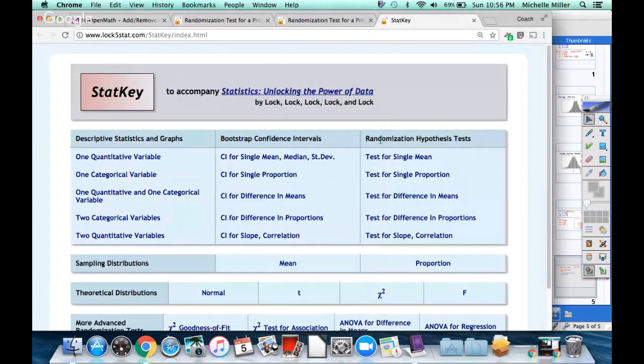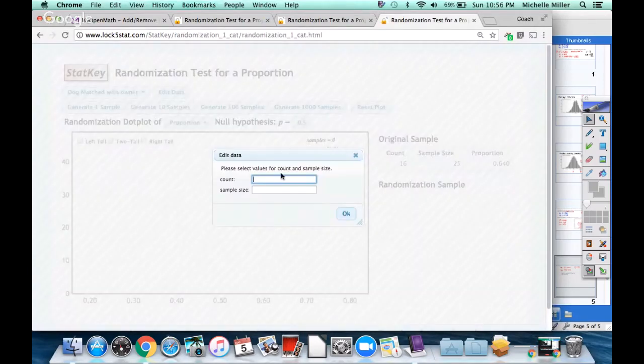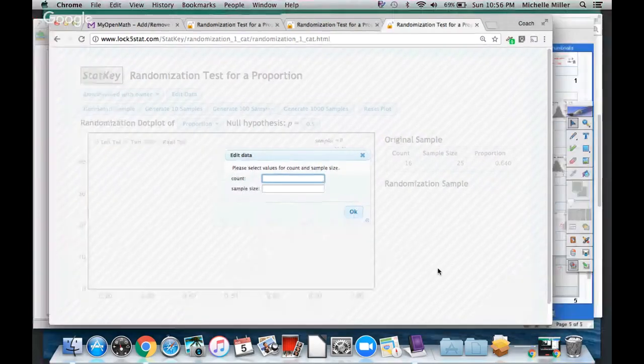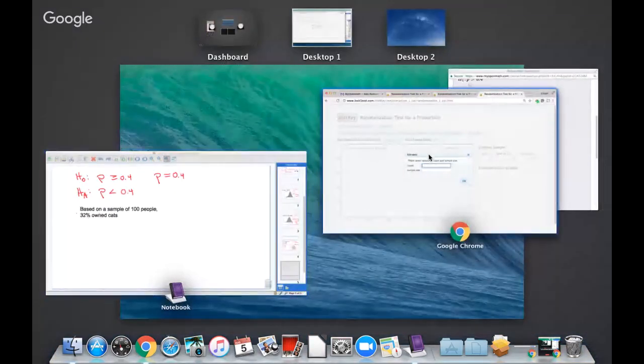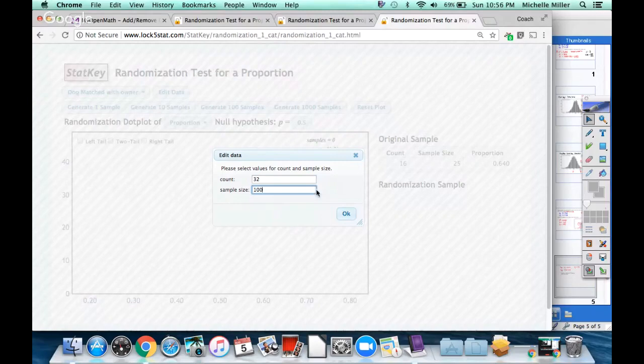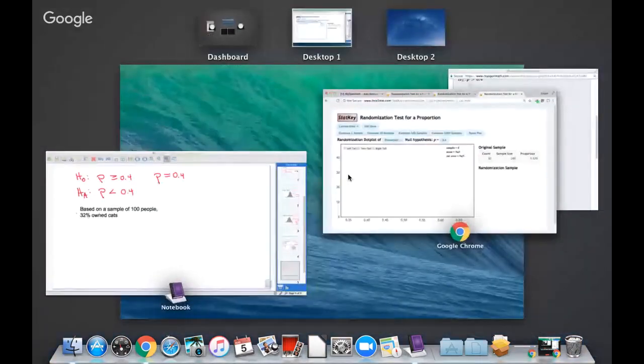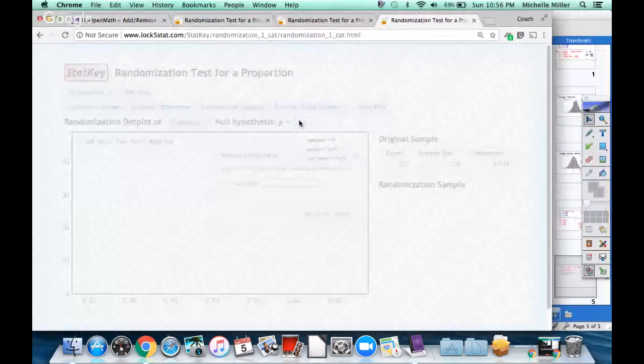And we are doing a randomization hypothesis test for a single proportion. We need to edit the existing data and state that 32 out of 100 are the sample data. And then our null hypothesis is 40%, so we need that too.